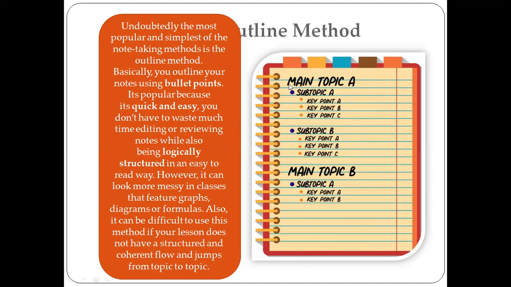In the outline method, you should write the main topic. For example, the main topic is note taking, and the subtopics are the types of methods, and the key points, for example, the Cornell method and the outline method and so on. If you want to continue writing, you should just outline your topics or points and your ideas.